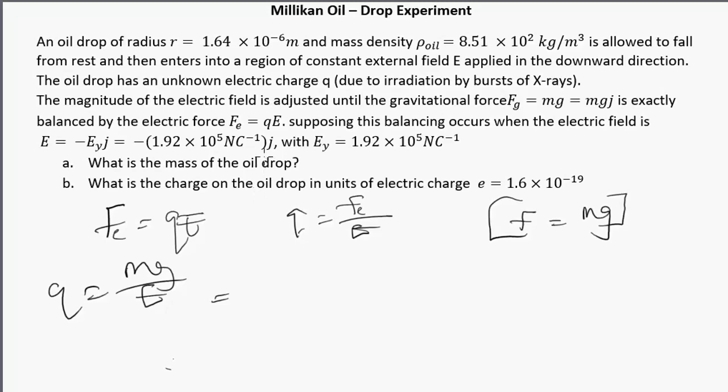That's the mass we calculated from the A part of this question, and that mass is 1.5 times 10 to the power of -14. And then what's the g? The g is actually the acceleration due to gravity.